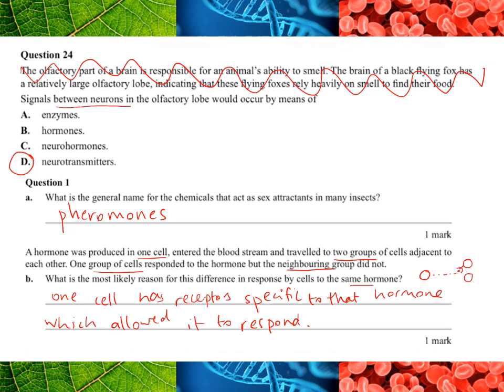Okay, it's only one mark. You would definitely have to use the term receptors in there to get that mark, and you would need to make it quite clear that that receptor is specific to the hormone that was sent.